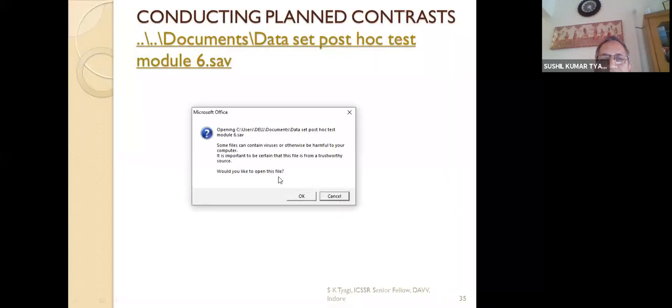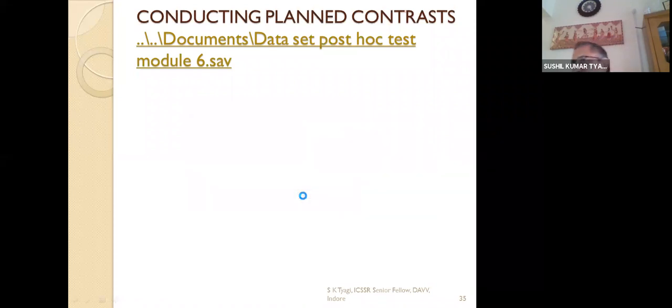Now going back to data set to conduct the post hoc test.